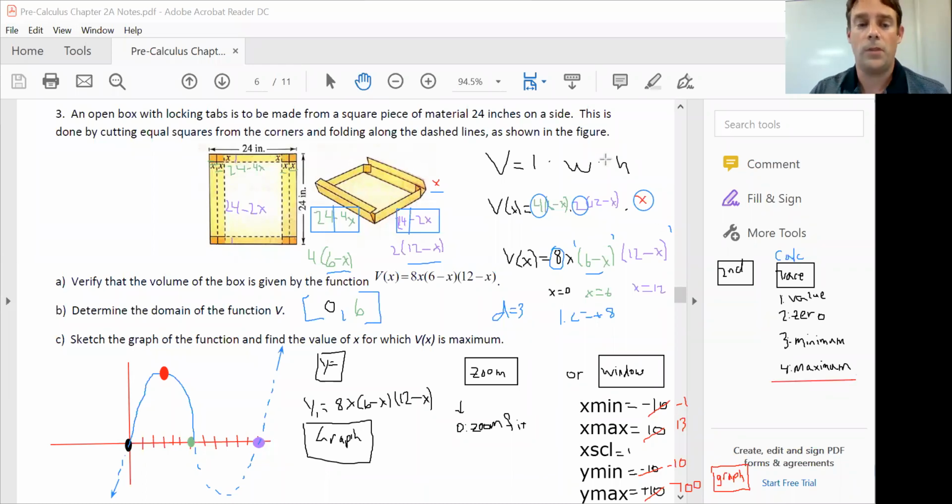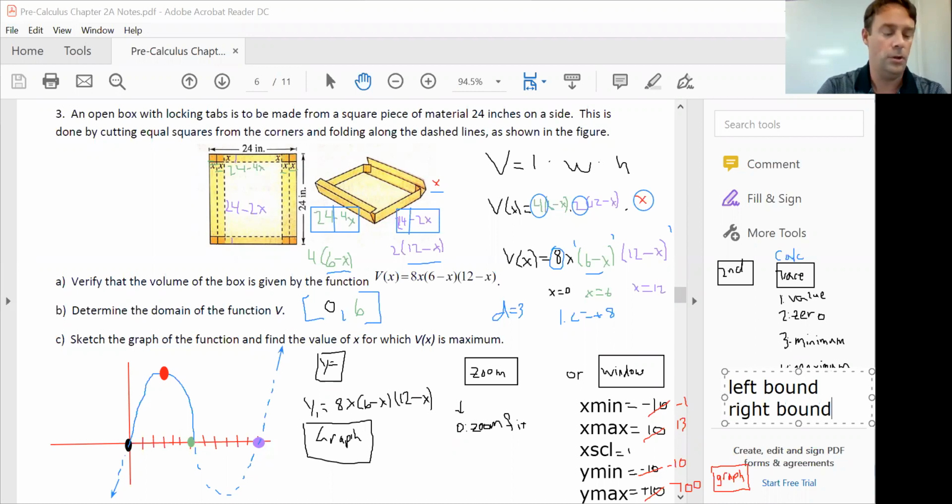Maximum. All righty. When you do that, I'm going to ask you a series of questions. So the first one is going to ask you is left bound. And then it's going to say right bound. And then it's going to say guess.